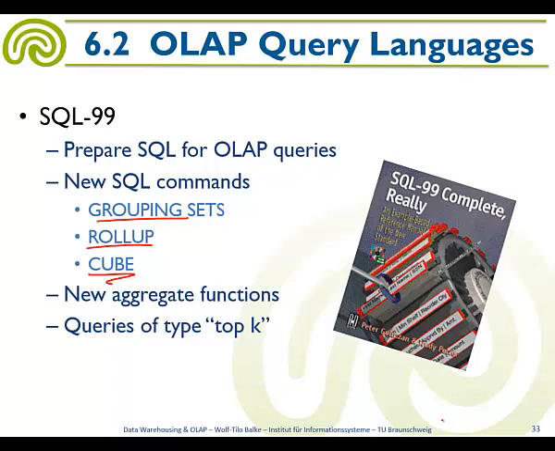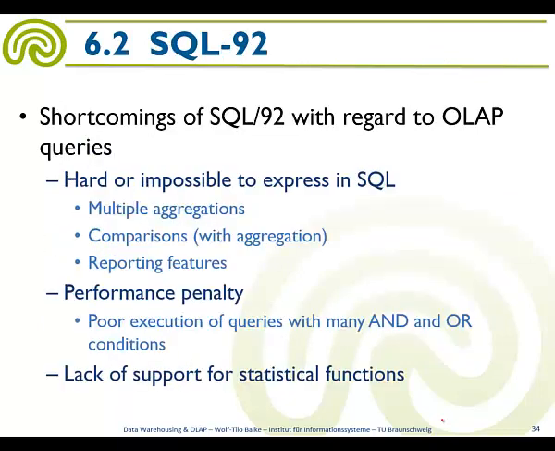How are you going to do that? And this is kind of like these top K queries. So the new SQL standard looked at how OLAP query operators could be integrated in normal SQL, looked into new aggregate functions and top K type of queries.